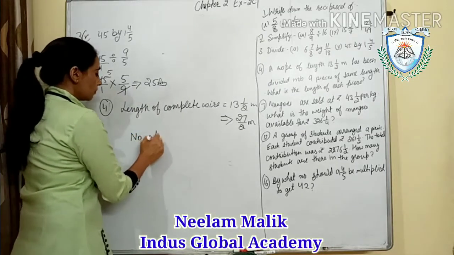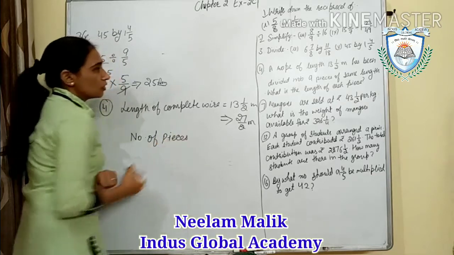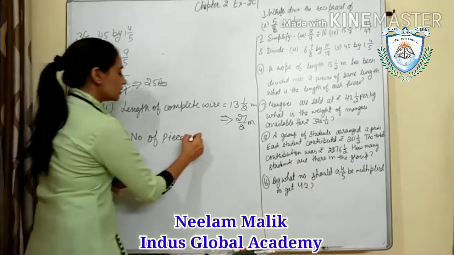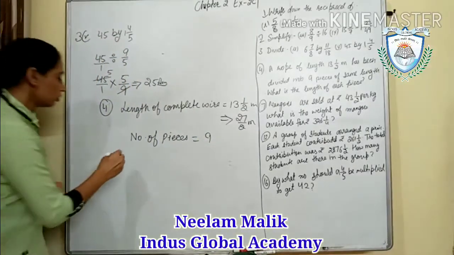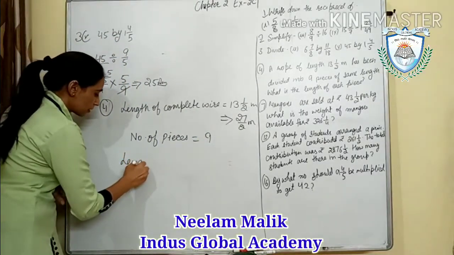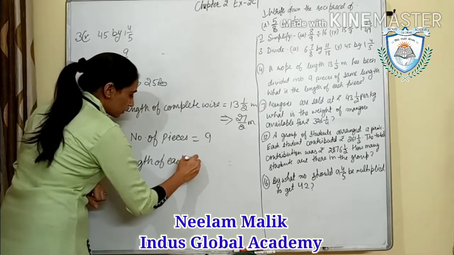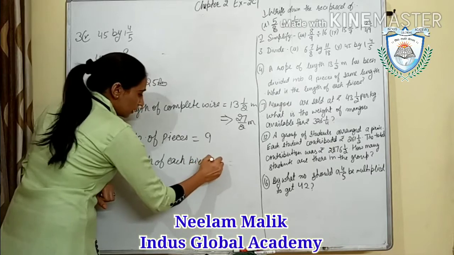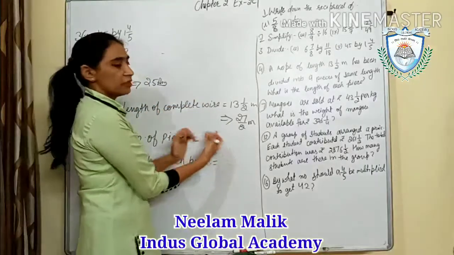Number of pieces is equal to 9. We have to make 9 pieces. So the length of each piece is equal to the total length divided by 9.